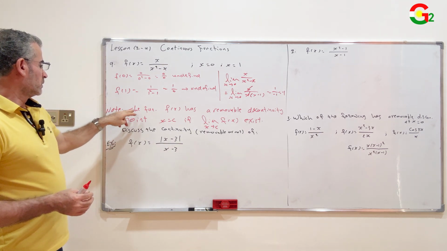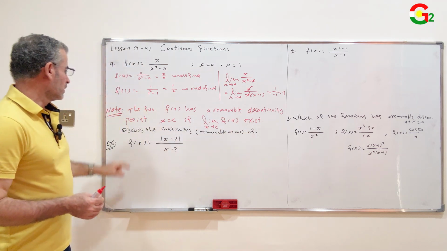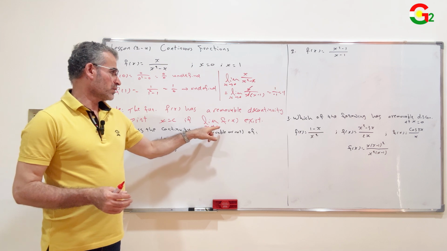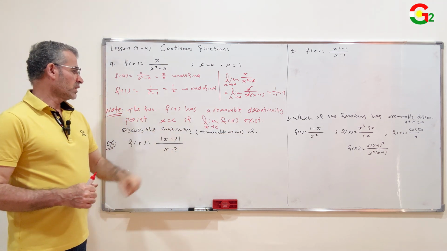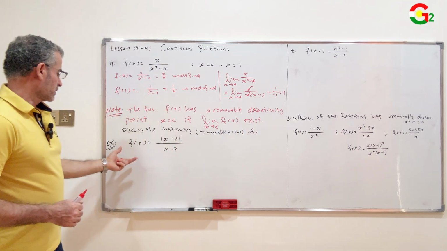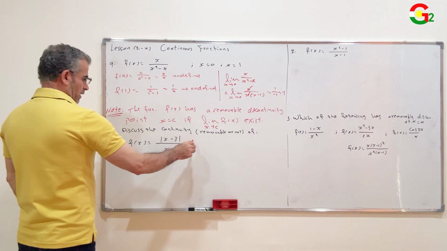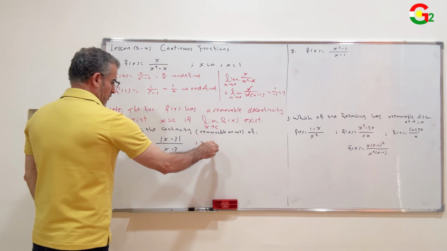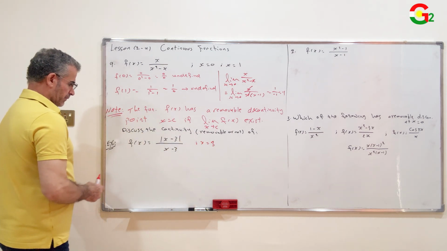Anyway, note: the function f of x has a removable discontinuity at the point x equals c if the limit of the function when x approaches c exists. For example, discuss the continuity, removable or not removable, of the function f of x equals the absolute value of x minus 3 over x minus 3 when x equals 3.